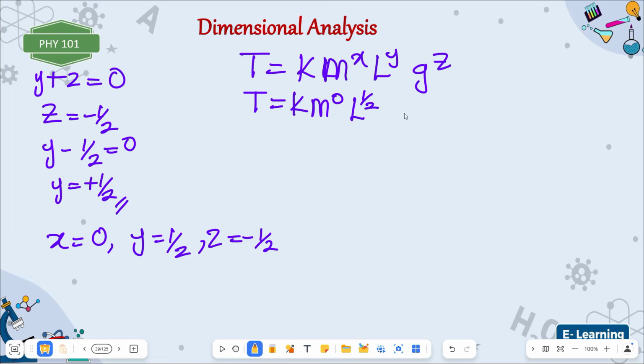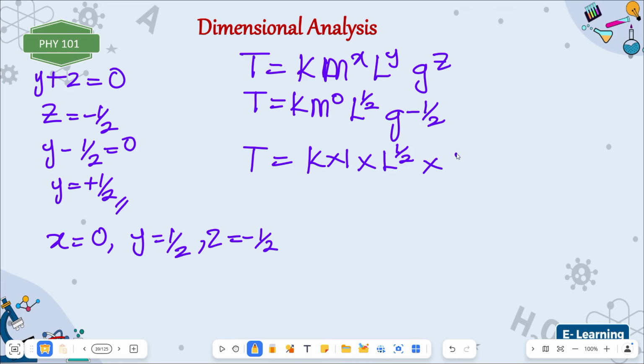Y is half. g is minus half. I mean, Z is minus half. Any number raised to the power of 0 is 1. So T will be equal to what? K times 1, because this whole thing here will give us 1. M raised to the power of 0 will give us 1. Times L raised to the power of half times g raised to the power of minus half.